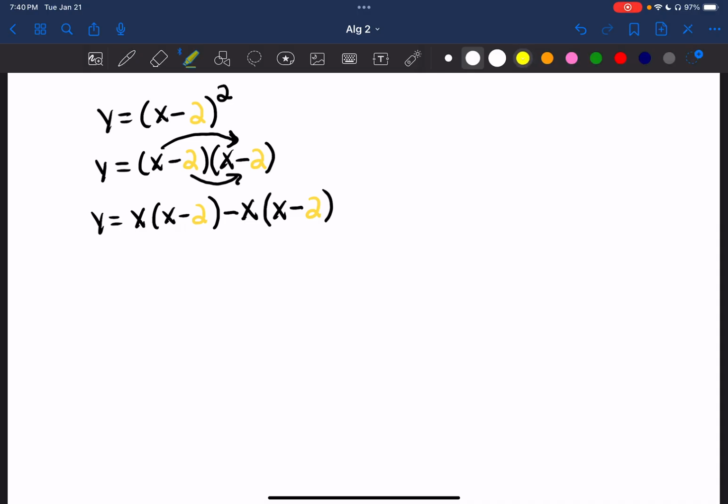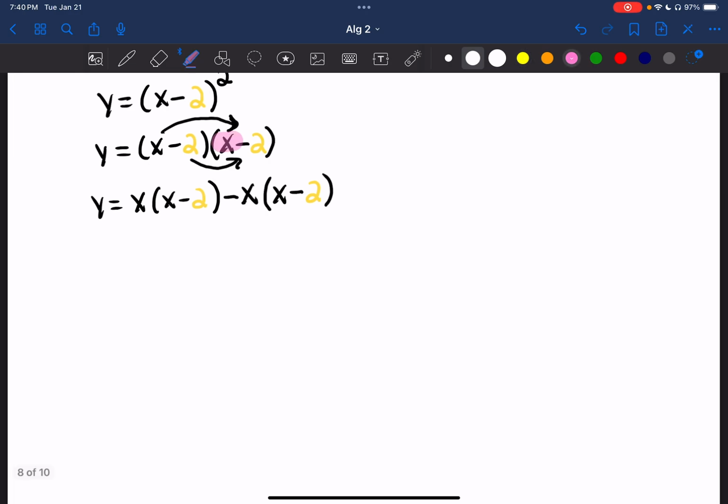If you're struggling to see what I mean, let me highlight it. We have this second (x minus 2), and we're distributing this x to that (x minus 2). So the (x minus 2) stays the same. Now it's just multiplied by an x on the outside.